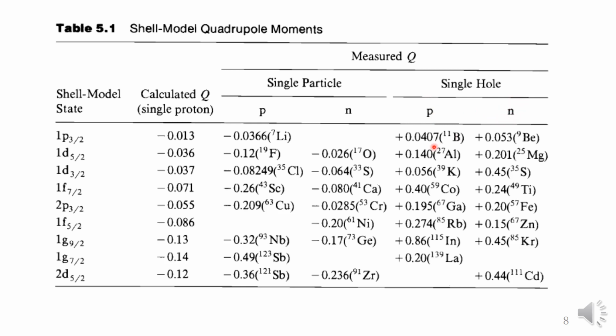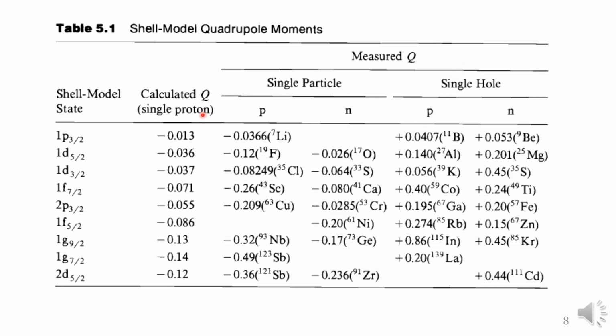And we also found that the hole case just differs by a negative sign. That means in their case the electric quadrupole moment will be positive if this is negative. If the single particle case is negative, the single hole case will be positive.